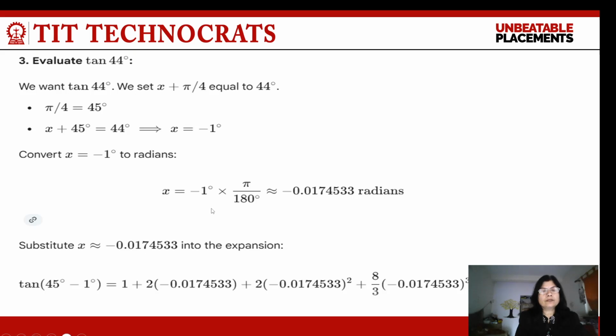So minus 1 into pi/180 is equal to minus 0.0174533 radians.